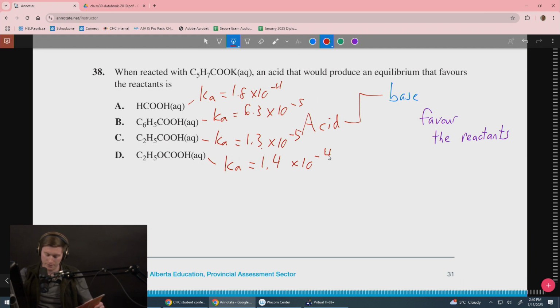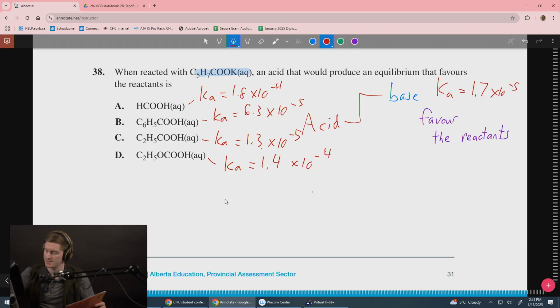We're looking for, this is our base here. These are all of our acids. So we want the acid to end up below the base. And this base has a conjugate acid with a Ka that we calculated just in the previous step, equal to 1.7 times 10 to the negative 5.